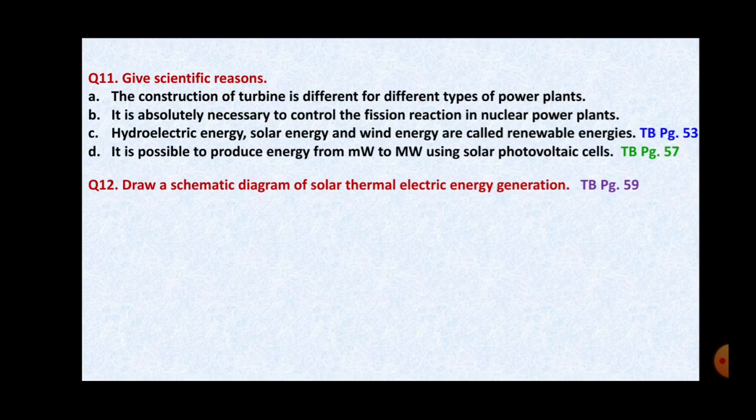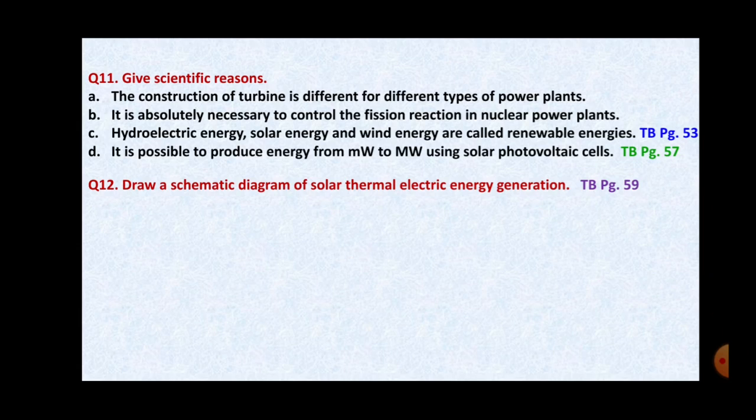Millivolt is a very small amount of electrical energy, whereas megavolt is a big amount of energy. Now this millivolt is used in the calculators which run on solar energy, whereas megawatt is a larger amount of energy which can be produced with the help of connecting the solar panels in series or in parallel way.